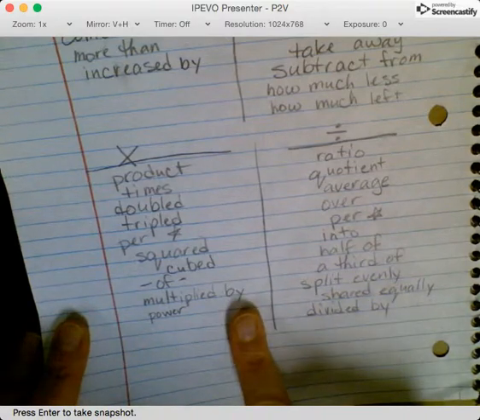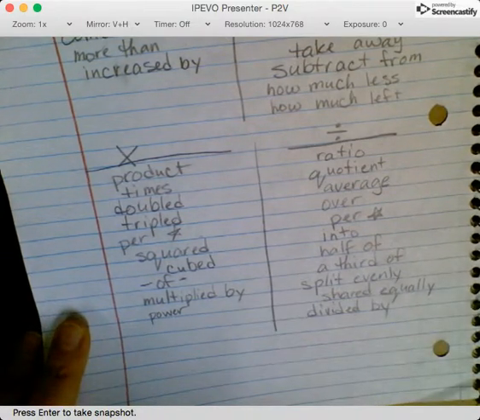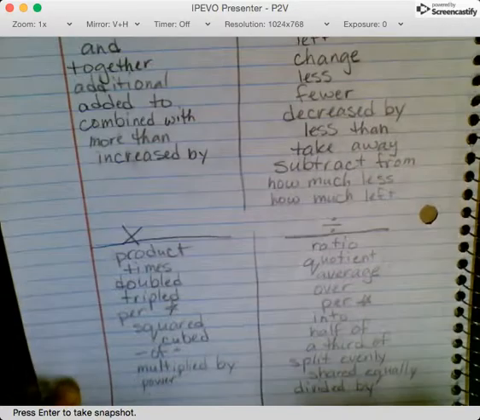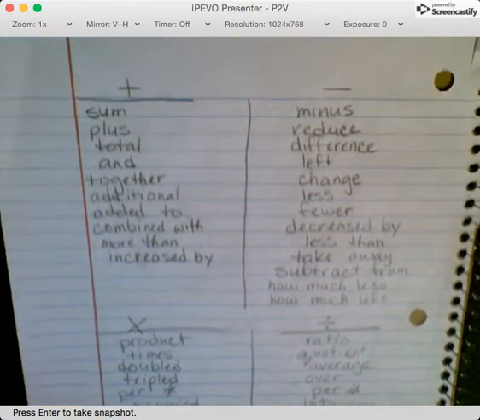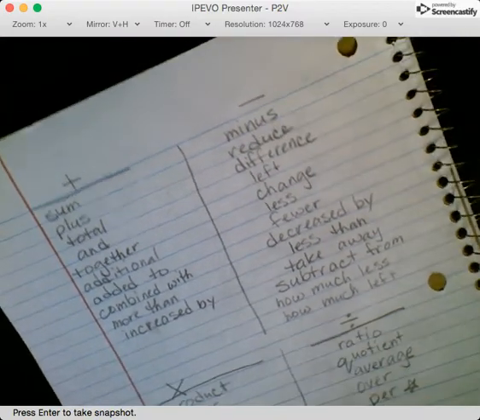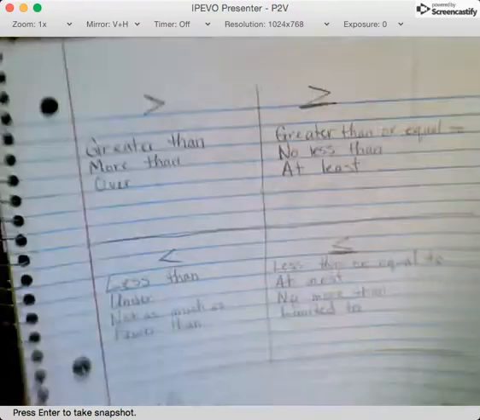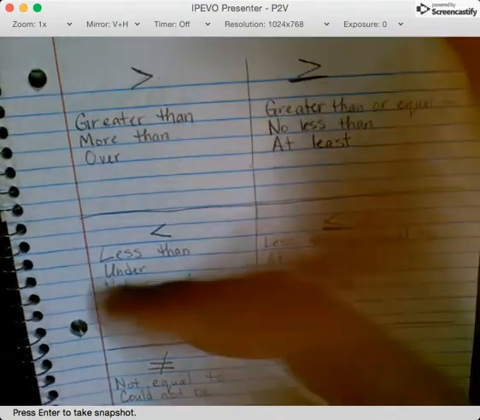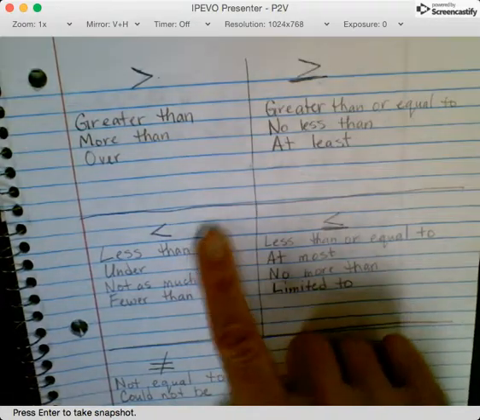These are multiplication and these are division. You can rewind or pause the video if you need to look back at those, or go back to your notes from the previous lessons.